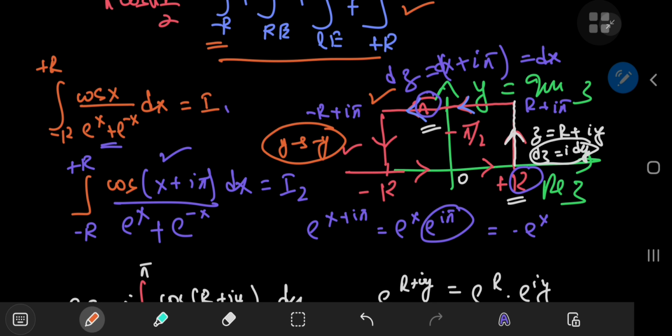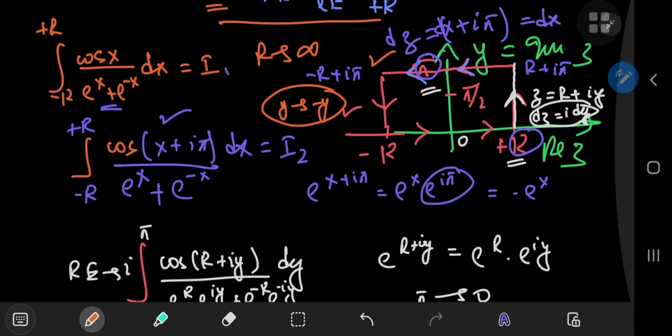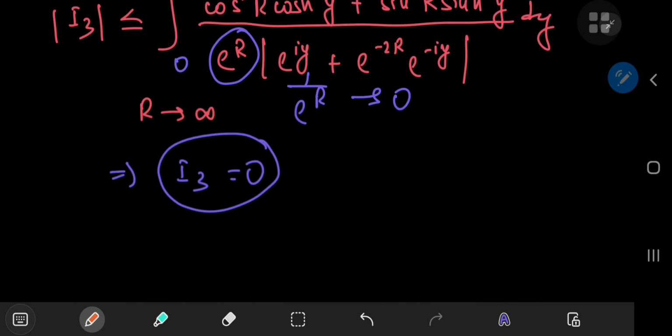It sorts out to exactly the same thing. So obviously the integrals on the left and right edges of the box both collapse to 0 in the limit as r goes to infinity. So that is awesome.